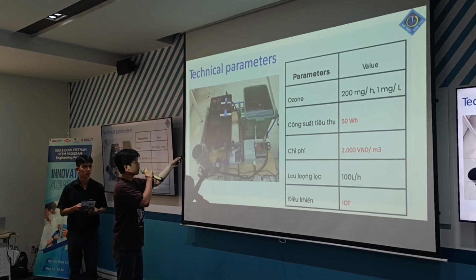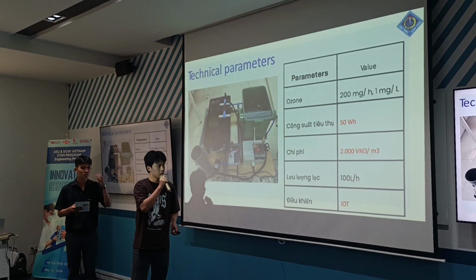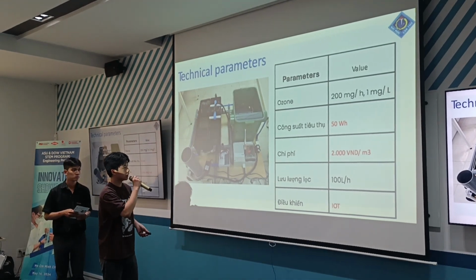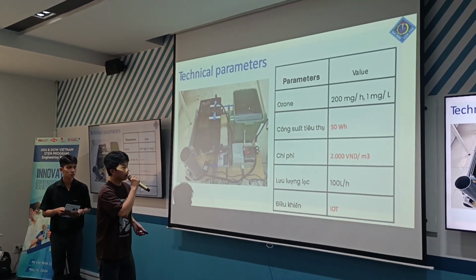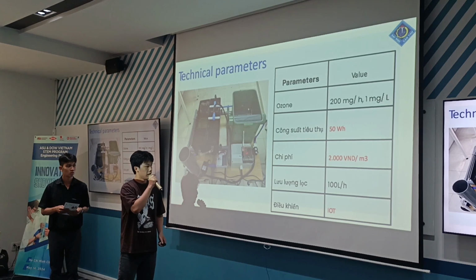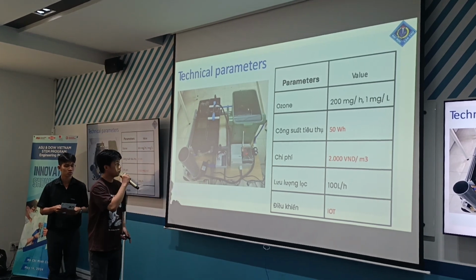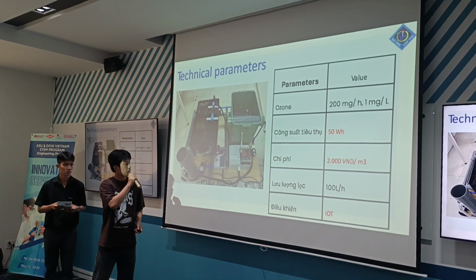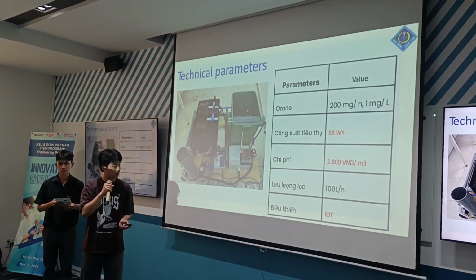And the filtration for water treatment is around 100 liters per hour. And this is IoT remote, so the system can be built in and resident control from a distance.